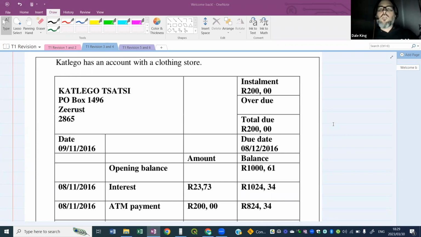You take the clothes without paying for them, you put them on your account, and you actually pay later. You pay little amounts every month towards what you've bought at the store. So you'll see at the top right hand side, there's this thing called the installment. That's the monthly amount that you have to pay towards what you owe the store.